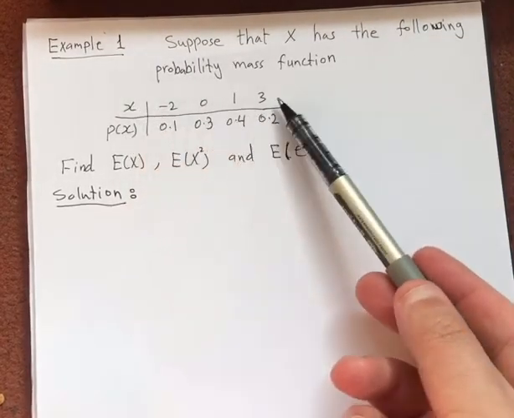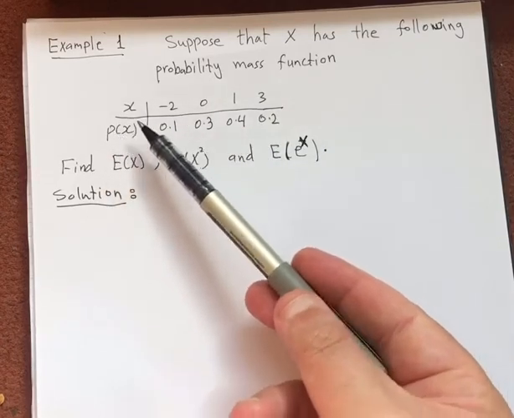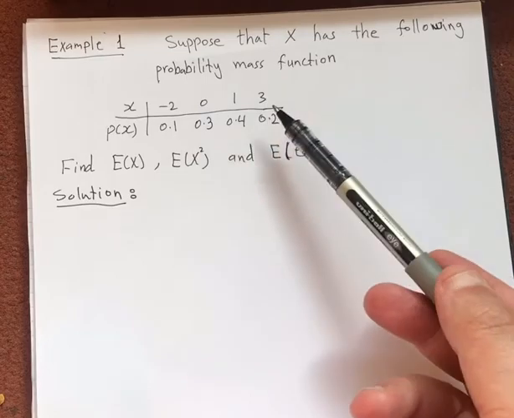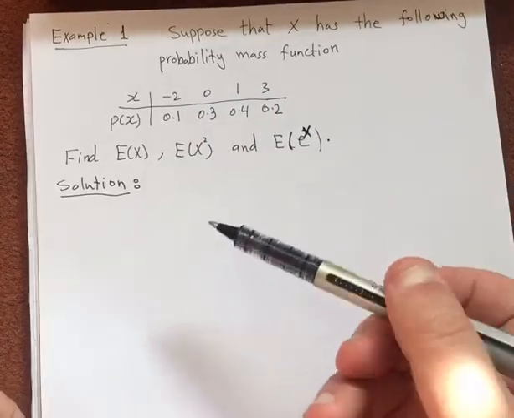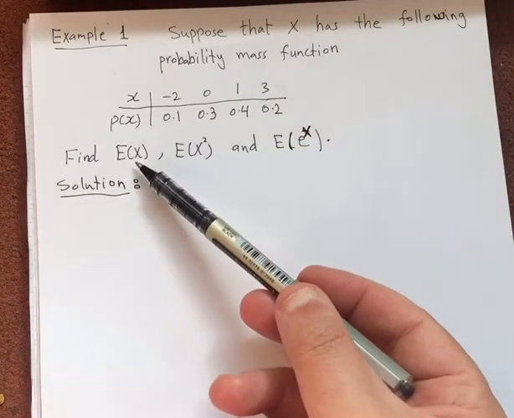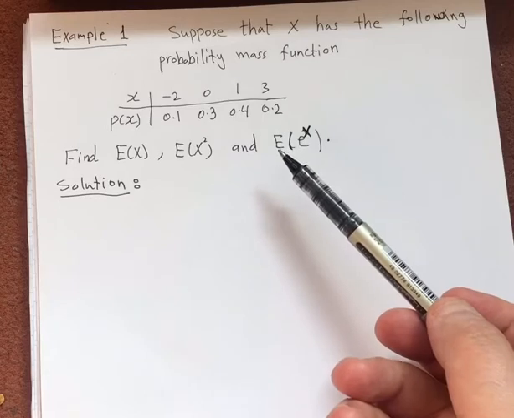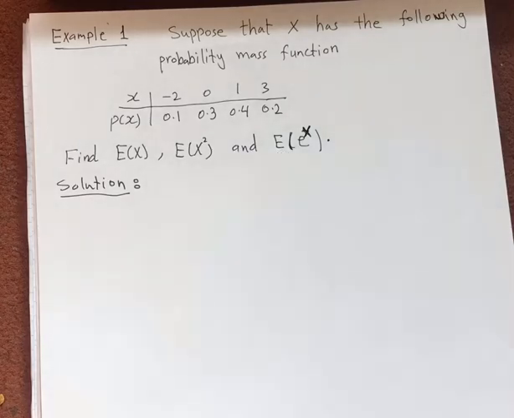We have X values here, and the probability mass function corresponding to each value of X. Now we want to find E of X, E of X squared, and the expectation of e to the power X.